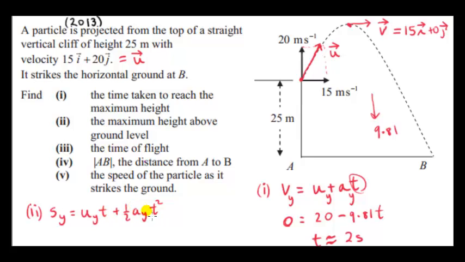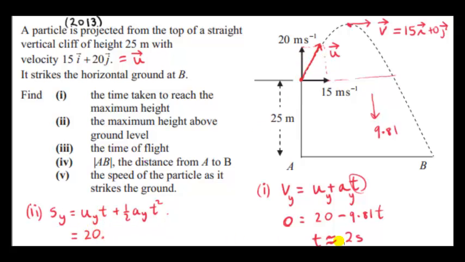Next we want the maximum height above the ground. Well, we've seen this before. Let's start with getting the maximum height above the horizontal. And then we just have to add 25 on it. So here's the displacement in the y direction, so we can think of our problem as linear motion in the y direction with constant acceleration. So we just fill in for the initial velocity in the y direction, which is 20.